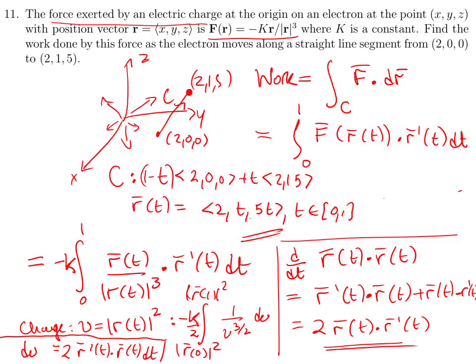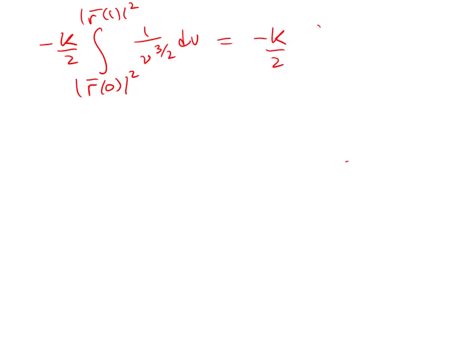So let me do that. The integral is minus k over 2, integral from the magnitude of r of 0 squared to the magnitude of r of 1 squared, 1 over u to the 3 halves du. And now let's just plug it in. So you get minus k over 2. r of 0 is the point (2, 0, 0). You get 4. r of 1 is the point (2, 1, 5). If you add up the squares of those numbers, you get 30. You get u to the minus 3 halves du, and this is now just computed.